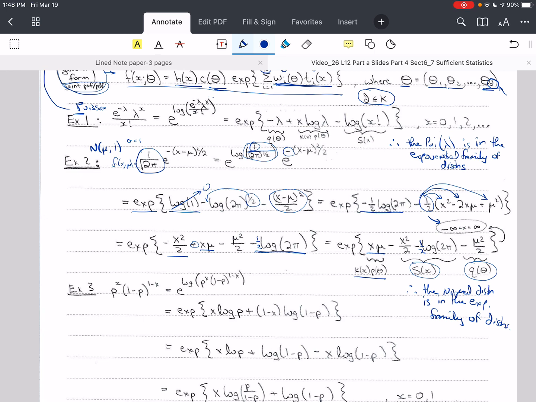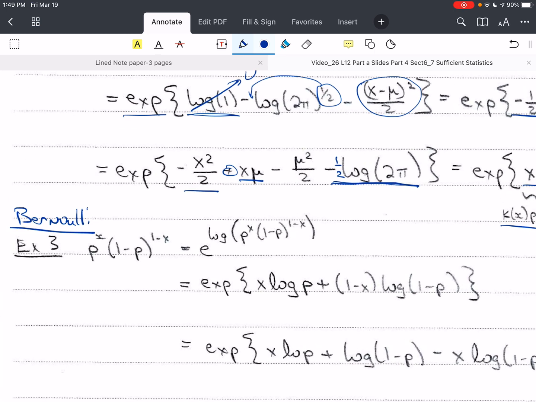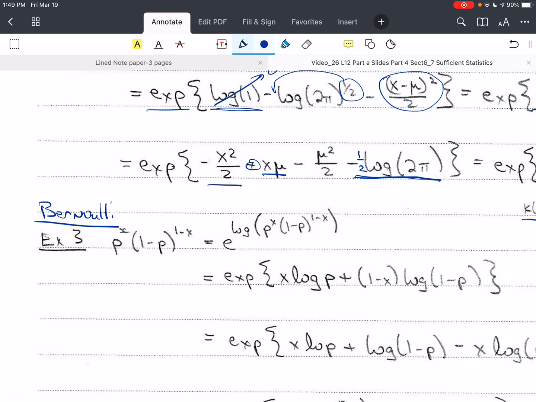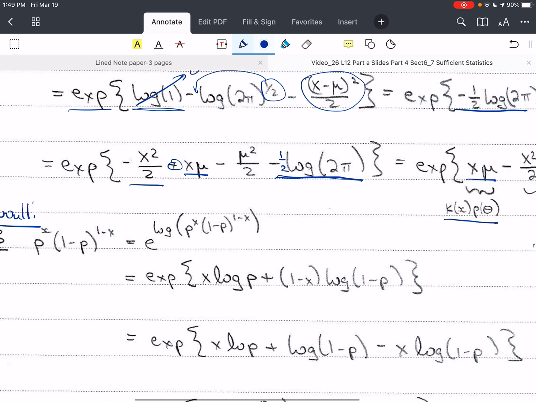All right, so now we're going to do, this is the Bernoulli distribution. And so it's p of x, p to the x, 1 minus p to the 1 minus x. So even though I don't have an e here, I just take e to the log of all of that. And then I write it as exp.